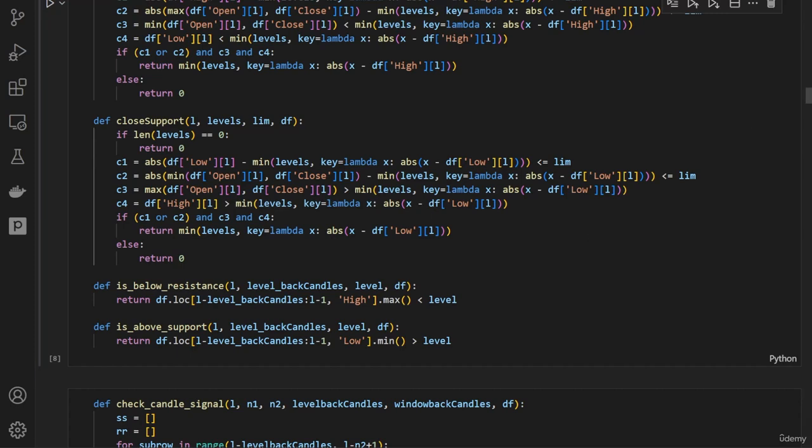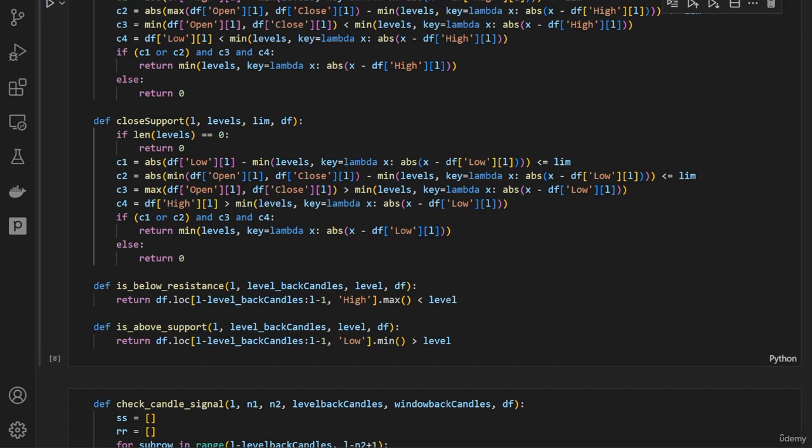It takes these parameters: L, which represents the index of the current data point or candle; level back candles, which defines the number of previous candles to consider for the analysis, our time window basically; the level, which is the resistance level to check against; and a data frame, which is our fourth argument.